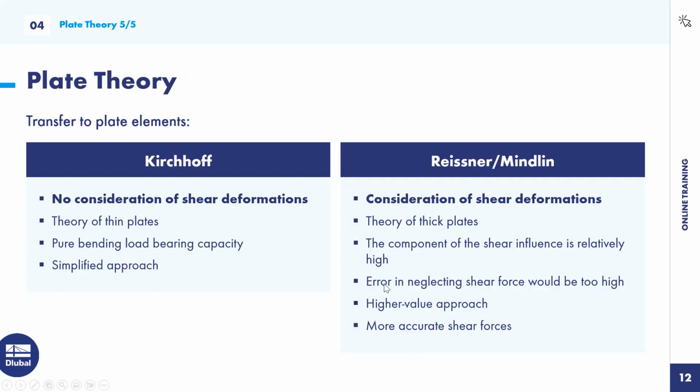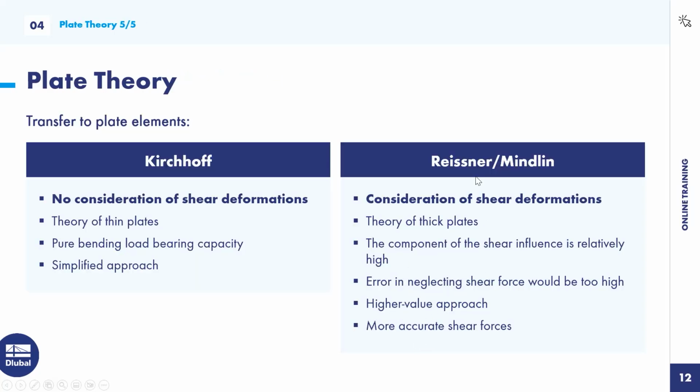Here it's phrased a little bit differently. It says, if we would use the Kirchhoff theory, we would have an error in neglecting shear force. That means we need to use this because the error would get too high with the neglection if we don't use it.